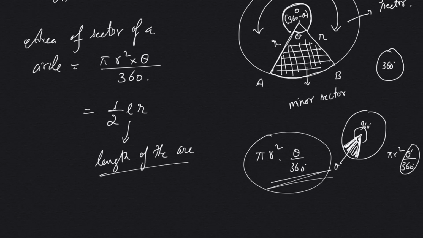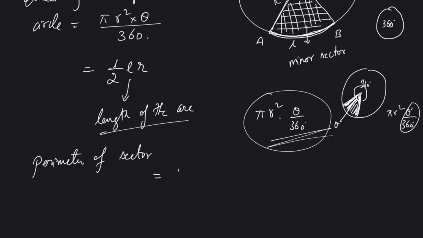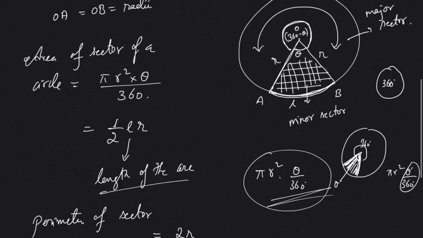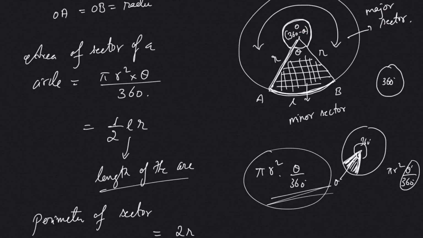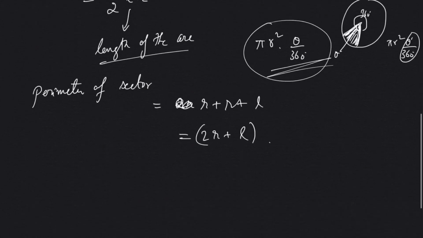This portion of the circle, the length of the arc, is given as L. And the perimeter of the sector: perimeter means the total length of the boundary, so it's R plus R plus L, that is 2R plus L. So the perimeter of a sector will be 2R plus L.